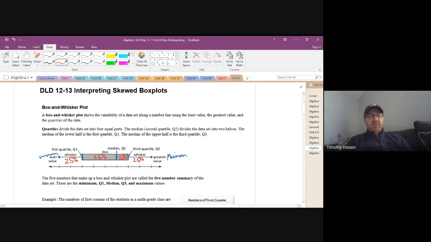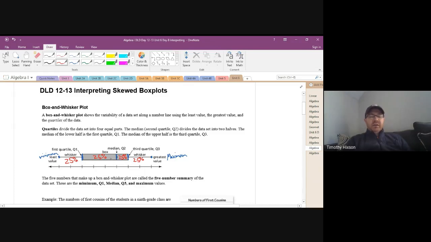It's the same number of data points. It's just that the data points in this side of the box are spread out a lot more than the ones in this one. That's why this shows the variability, or how much the data is spread out in those different portions of the number line.